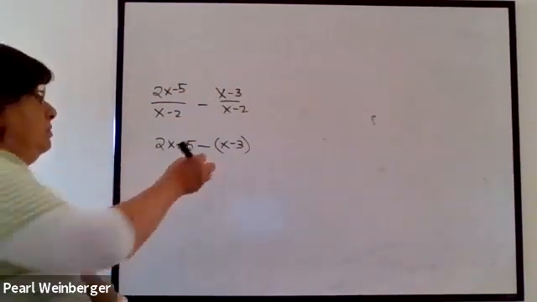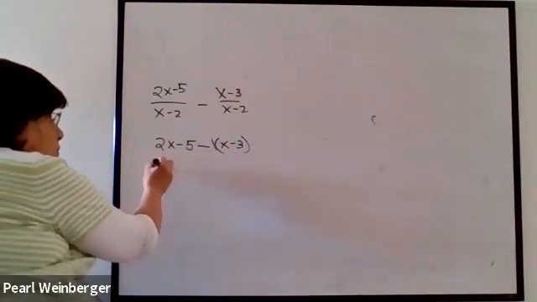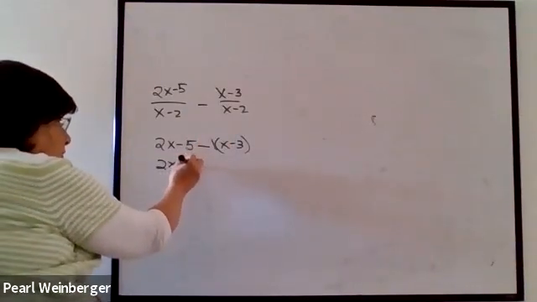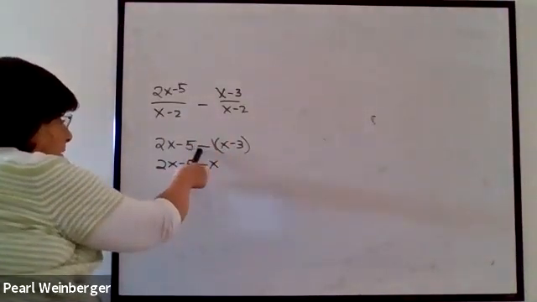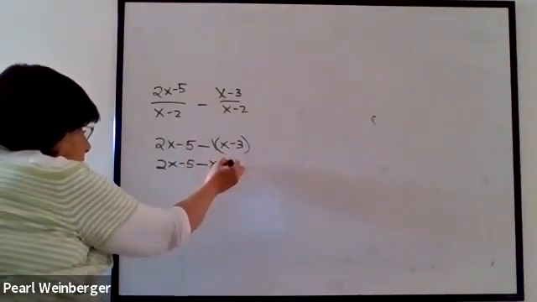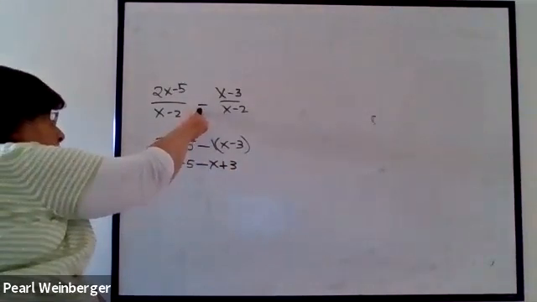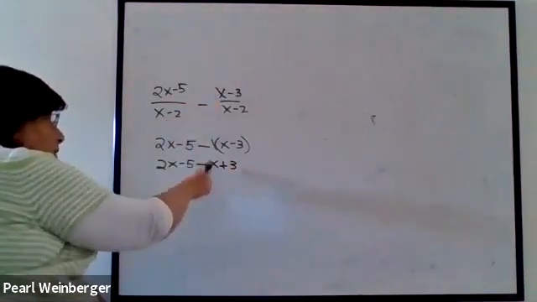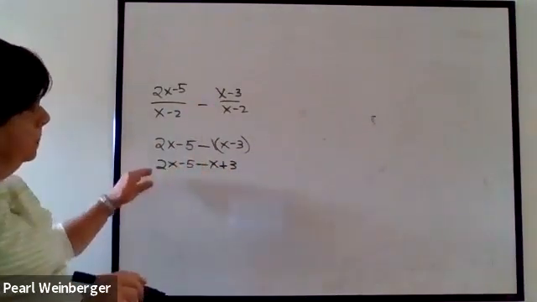Now, if you remember, this is as if there's a -1 in front of it, and this becomes 2x minus 5 minus 1 times x is minus x, and minus 1 times minus 3 is plus 3. You could have also done it in your head. You were subtracting x, so that became minus x, and a minus 3 gives you a plus 3.